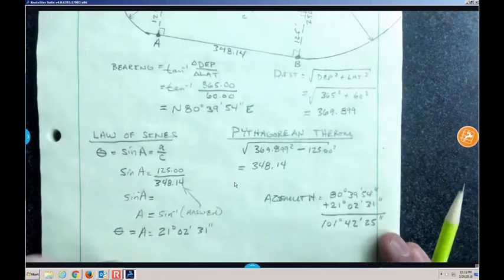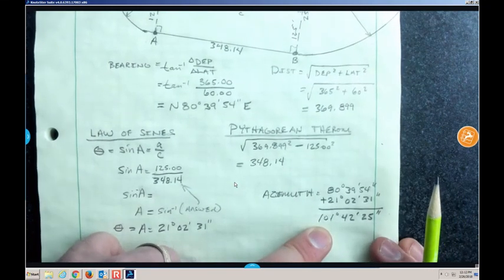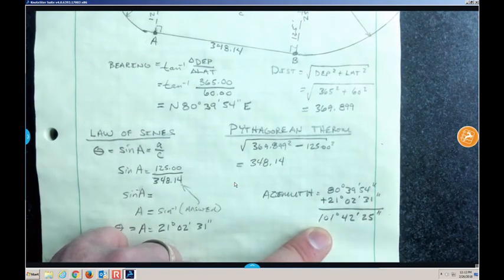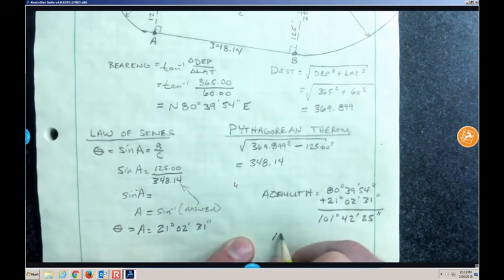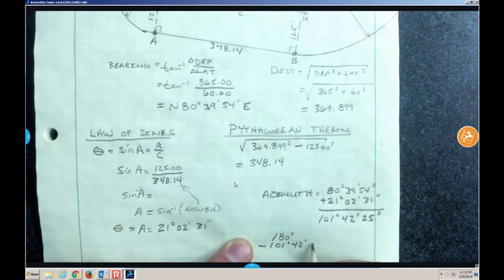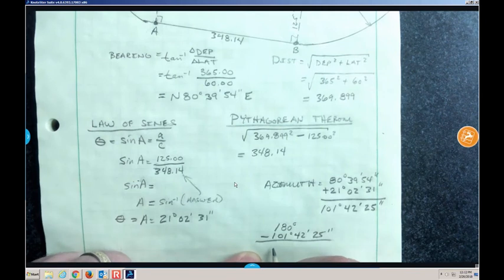Okay, so now let's turn it into a bearing. I'm just going to take 180 minus this, and that's going to be my bearing. South 78 degrees, 17 minutes, 35 seconds east. It's a southeast bearing because we're heading southeast. So the bearing there is south 78 degrees, 17 minutes, 35 seconds east.